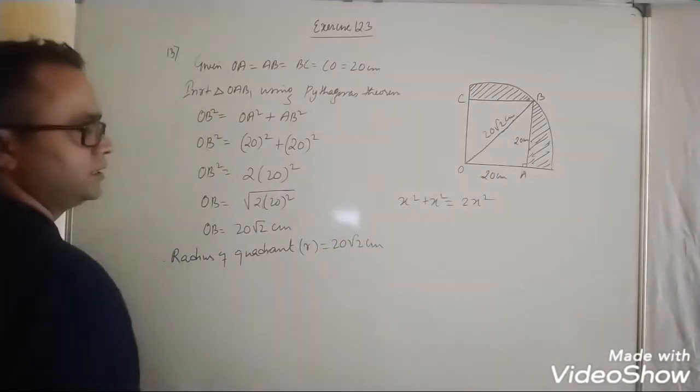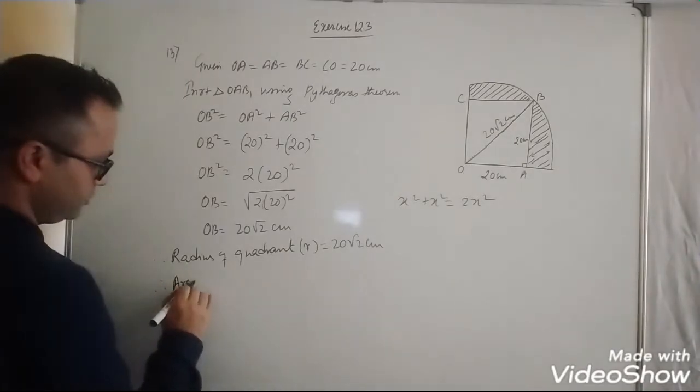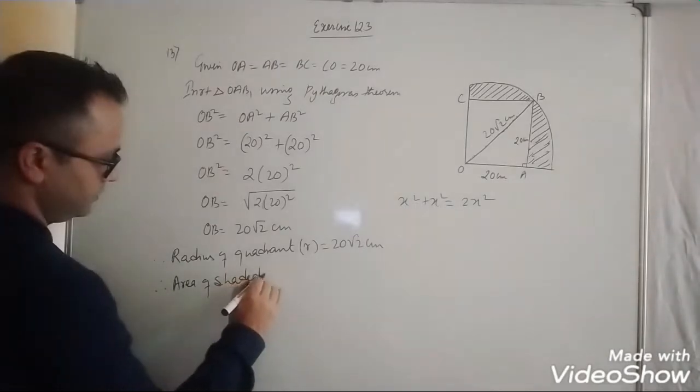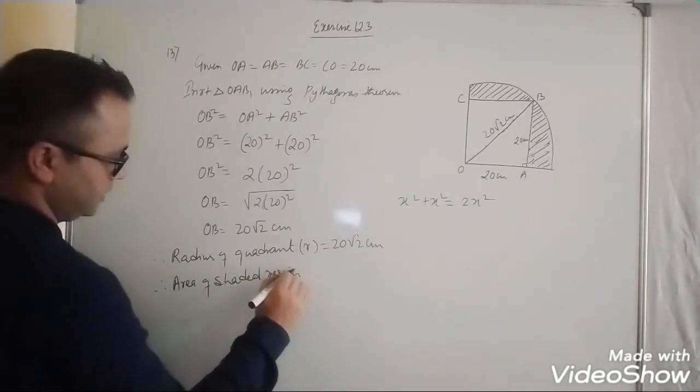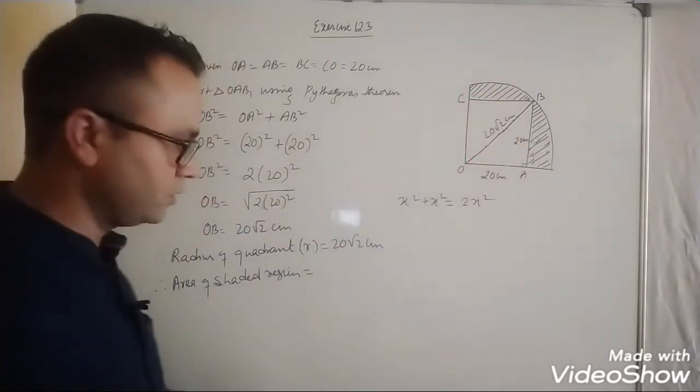Now we can calculate the area of the shaded region. Area of shaded region equals area of quadrant minus area of square.